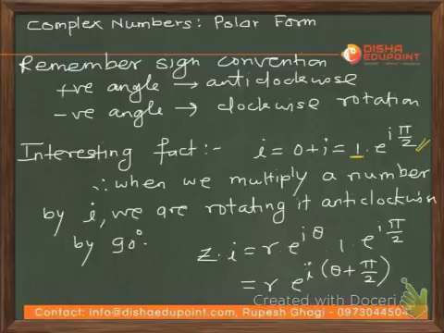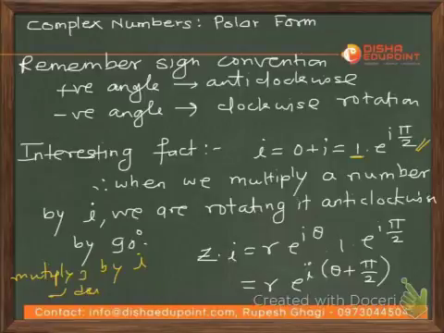At the same time, you should understand that multiplying by i is equivalent to dividing by minus i. Both of these are going to give you the same result.